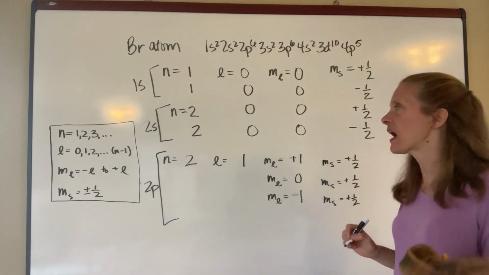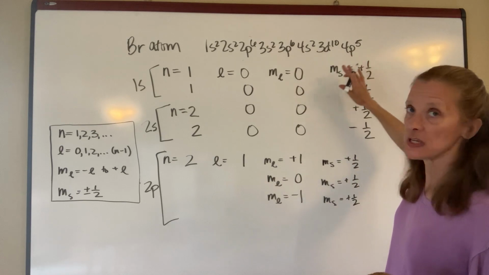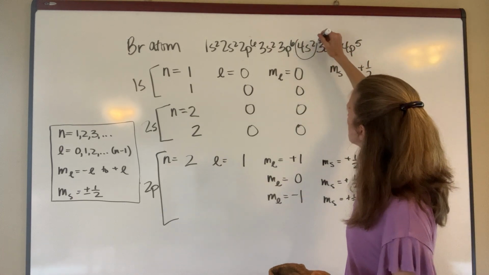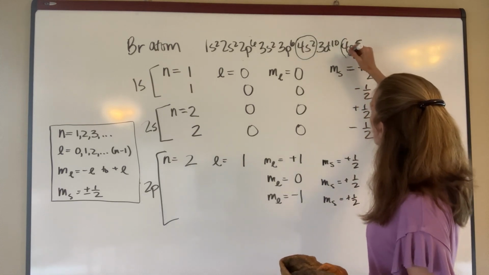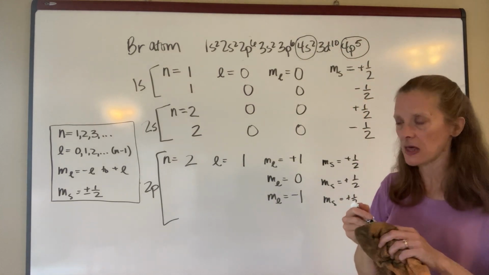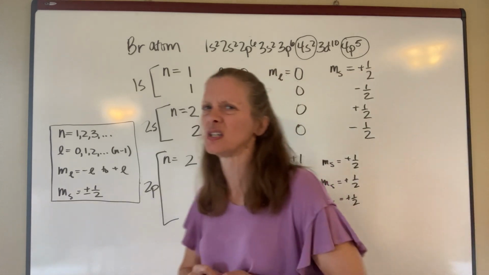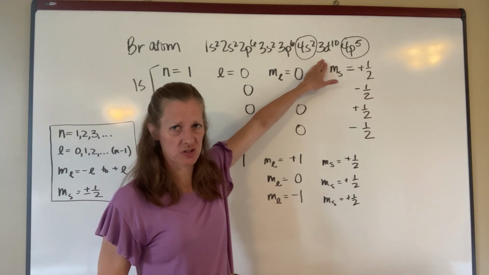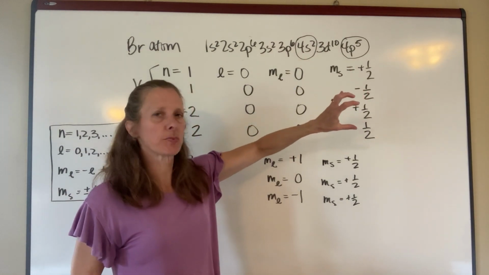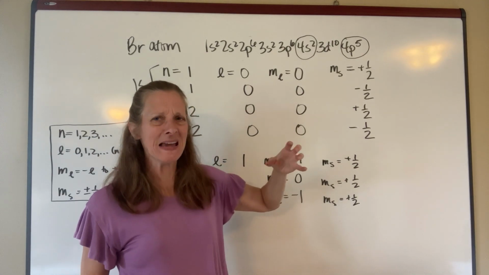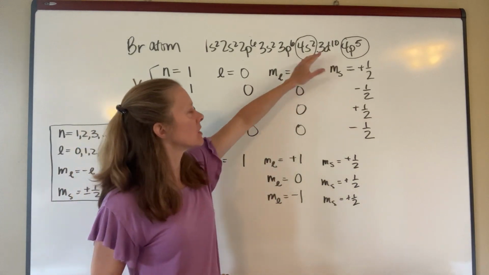The highest value of n that I have in any of these is 4. And so what that means is that my valence electrons are the ones that go in the n equals 4 level. Now you may be looking at this going, wait a minute, how come I didn't finish the 3rd energy level first?